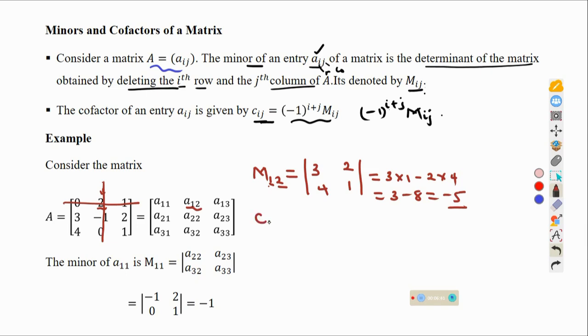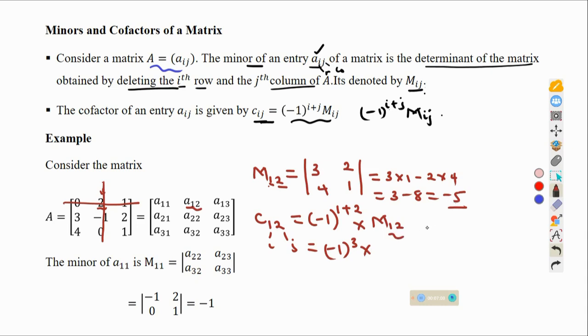So get the corresponding cofactor. Cofactor 1, 2. We said the cofactor is given by the formula negative 1 to the power i plus j, where this is representing i and this is representing j. So that is 1 plus 2, then times the minor of ij, 1, 2. So what will this give? Negative 1 to the power of 3 times m1, 2.